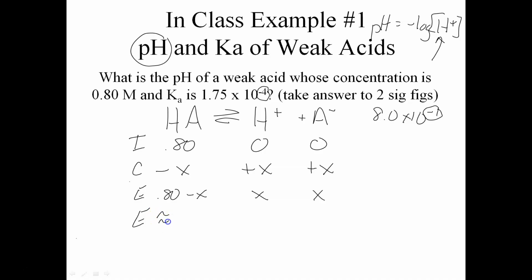So my equilibrium concentration of acid, in reality, is a little less than 0.80, but I could just say it's 0.80 for the sake of solving this problem. And then I still have X and X here. I'm going to go to the next slide and continue to solve this because I don't have enough room here. But keep that in mind. My equilibrium value is 0.80 for my HA, X and X for my H plus and A minus.